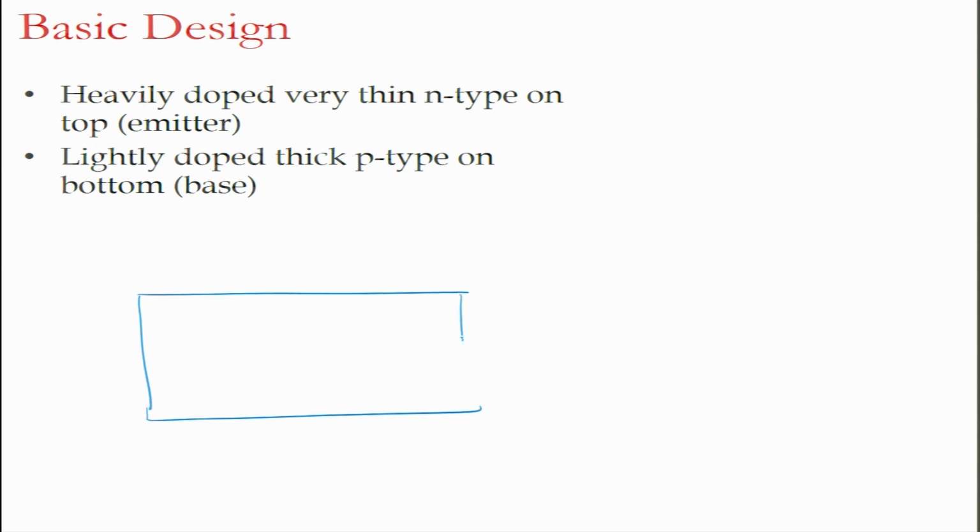This is P silicon, then we have N silicon on top, and the surface of this N silicon is a little textured, and this is to improve the absorption. The contacts are put somewhere like this. These are contacts put at various places.